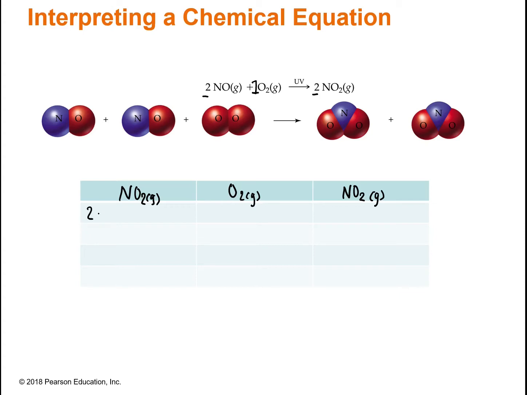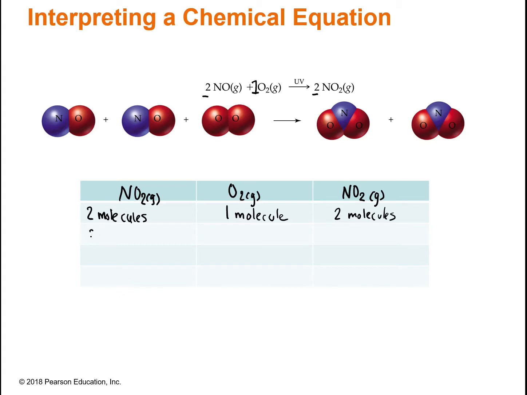This means we could take 2 molecules of NO, 1 molecule of oxygen, combine them with UV, and we would make 2 molecules of nitrogen dioxide.